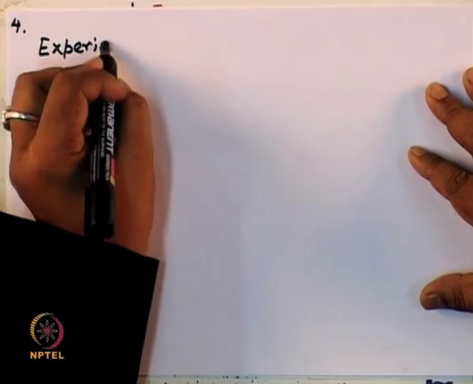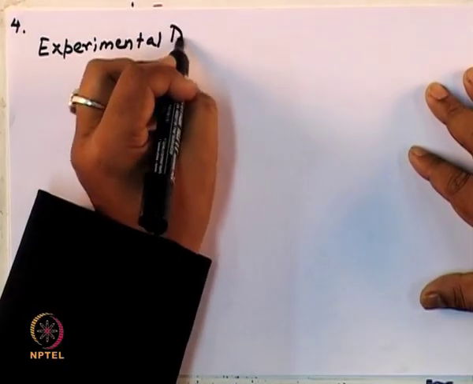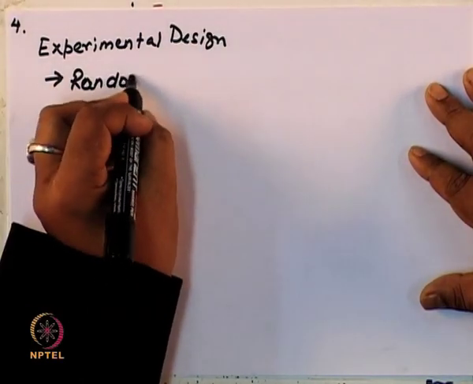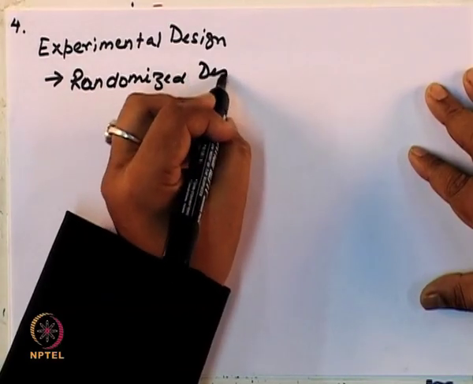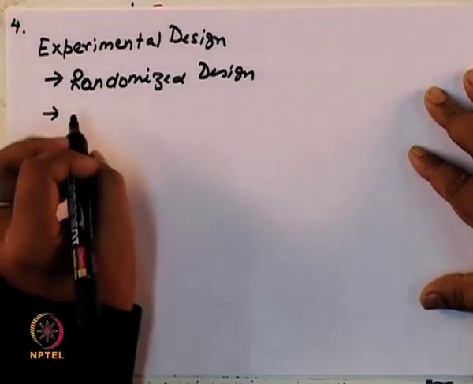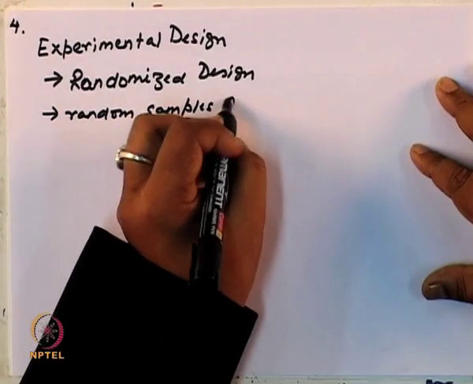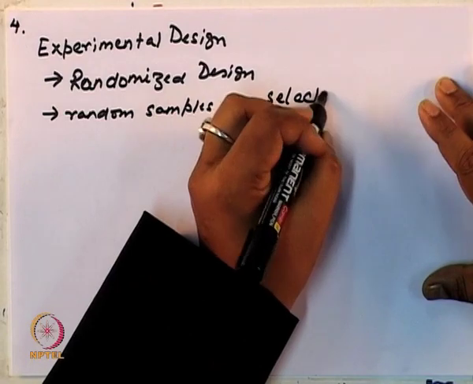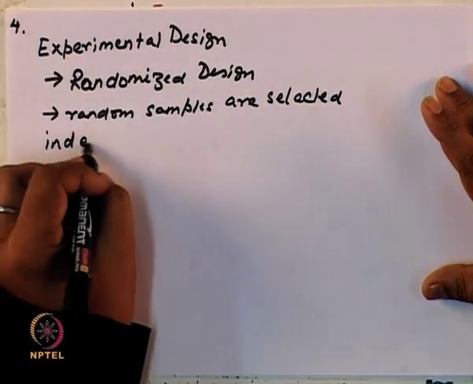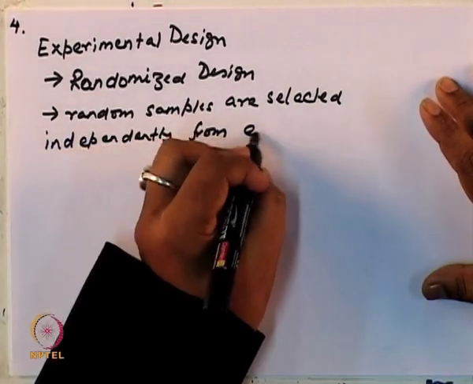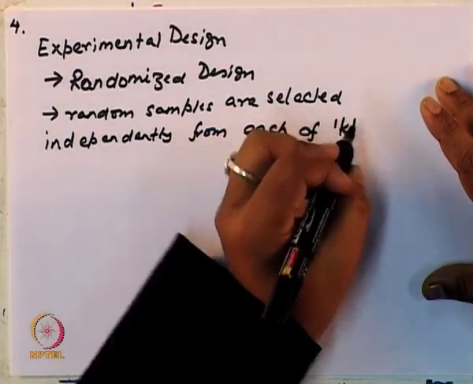So, there are various ways in which you can draw the sample. One of the experimental designs is called the randomized design, a design where random samples are selected independently from each of k populations.